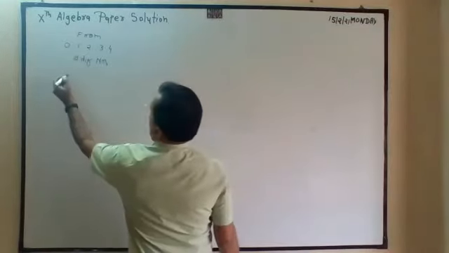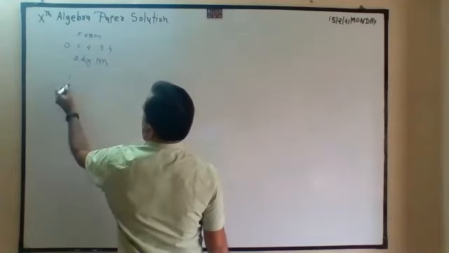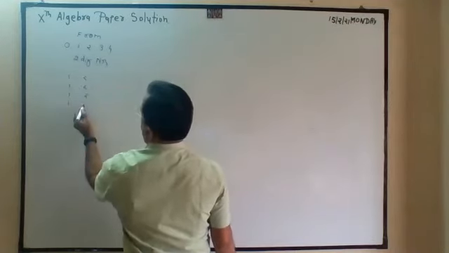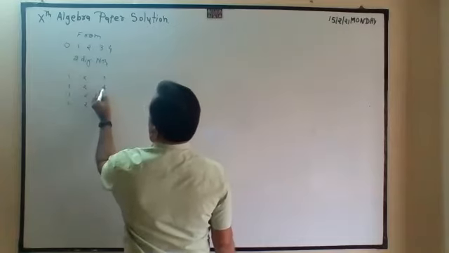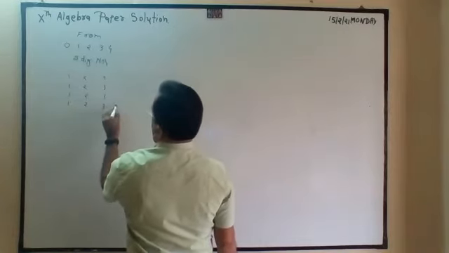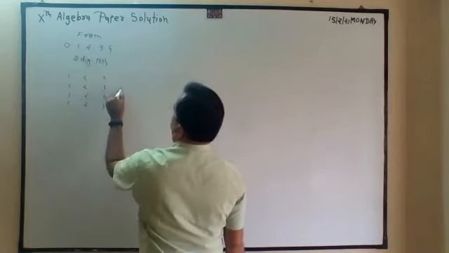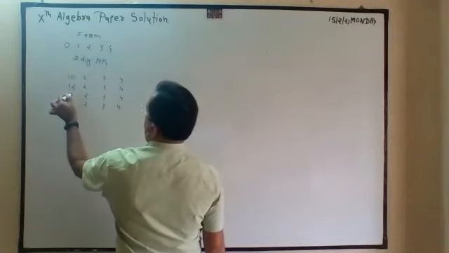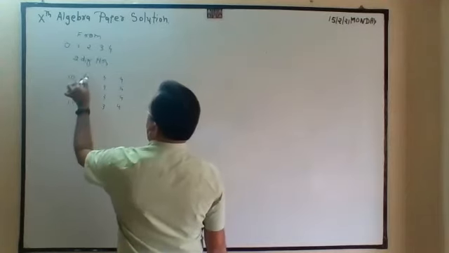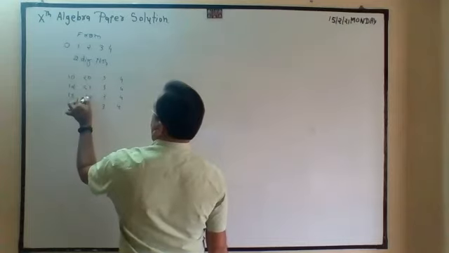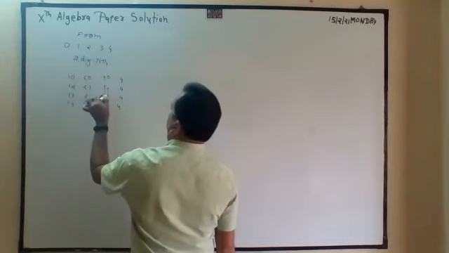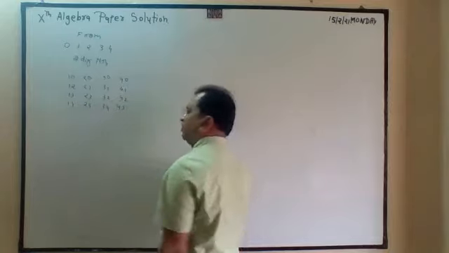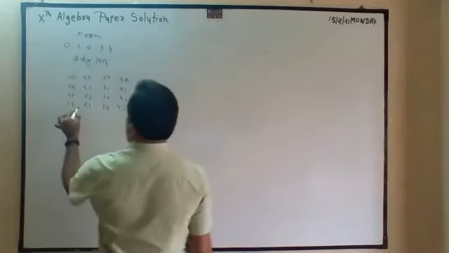So 1 appears 4 times as there are 5 figures, 2 also 4 times, 3 also 4 times, 4 also 4 times. Then 0, 1 not repeated, 1, 2, 3, 4. So these are S.